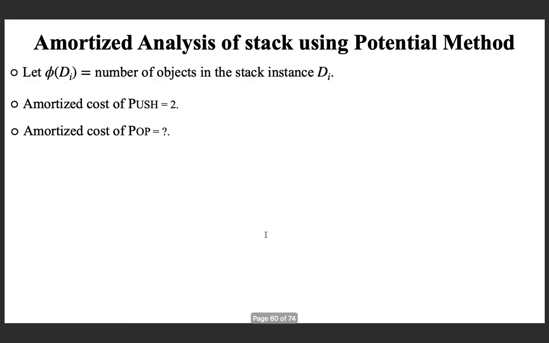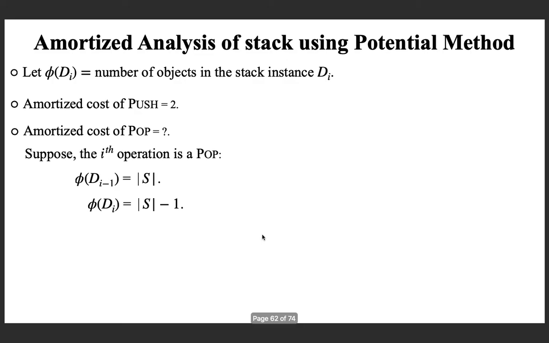Now what is the amortized cost of pop? Similarly, you assume that the ith operation is going to be a pop, and the previous instance potential is the length of the stack at that point of time, and if you pop an element, the new value of the potential will be 1 less than the previous, because you popped means you have taken out an element, so the number of elements is decreased by 1.